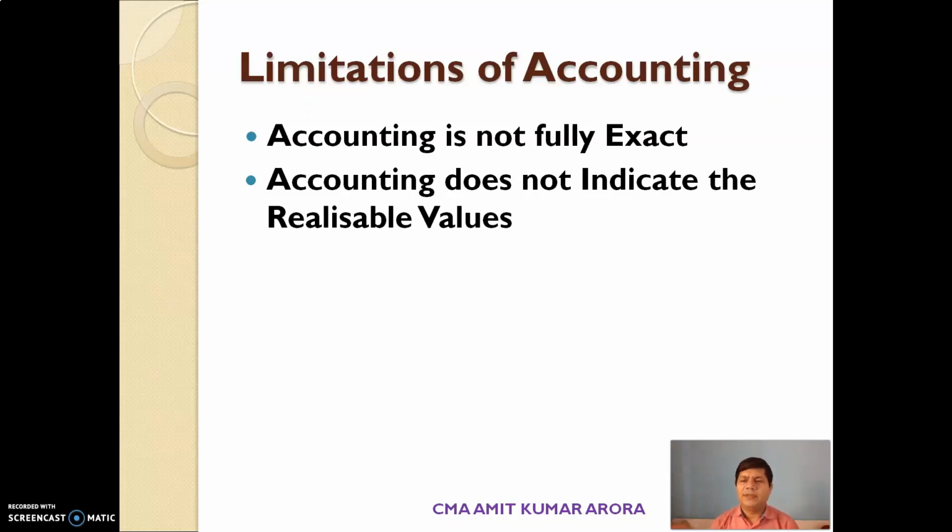But the value cannot be the same if we go to the market to sell the assets. So it does not indicate the realizable value. Whatever we have recorded in the books of account, it is not necessary that we can recover it from the market.